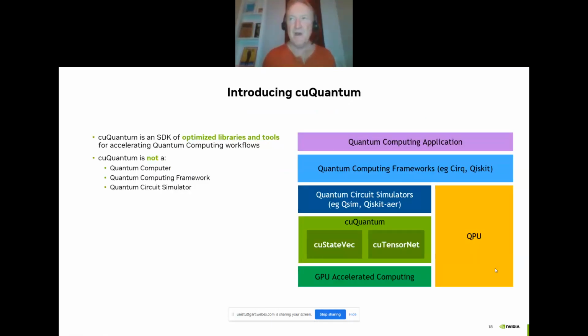So these accelerations, the cuStateVec and cuTensorNet accelerations, are provided in the cuQuantum library, and then they are transparent to you. They plug in at the library level underneath the platform layers, so that whether you're using Cirq or Qiskit or the Xanadu PennyLane, they plug in at the library level.